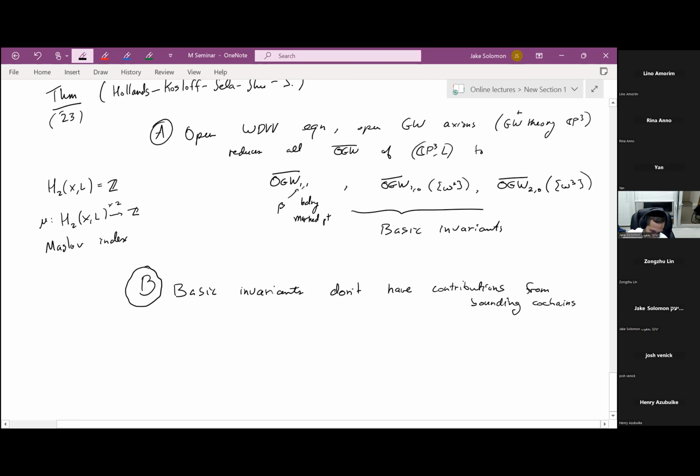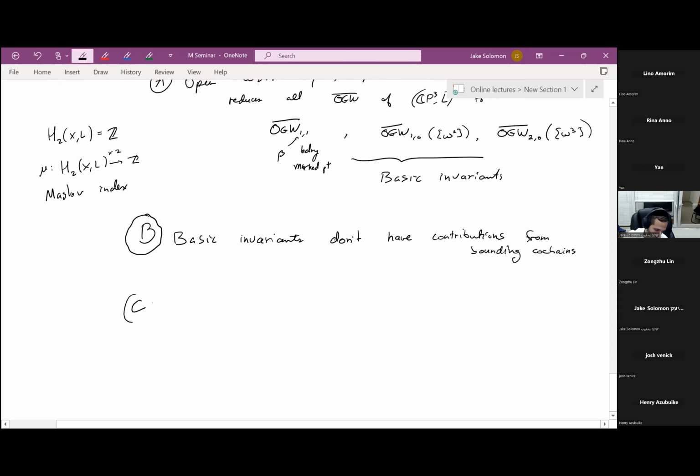Okay. And finally, we actually have to compute these things. And the answer is, this one is 3. This one is 1/4. Sorry, here.